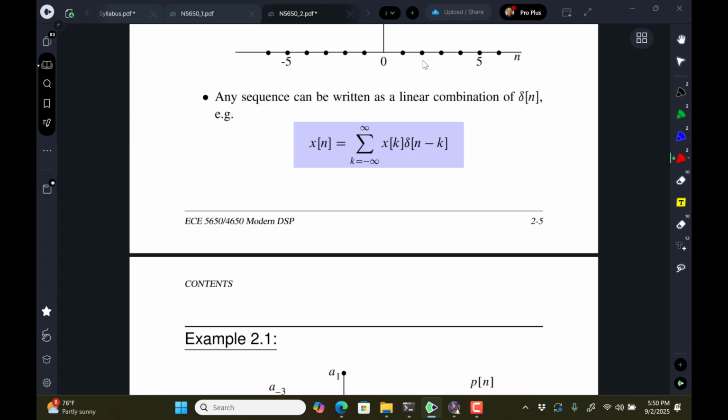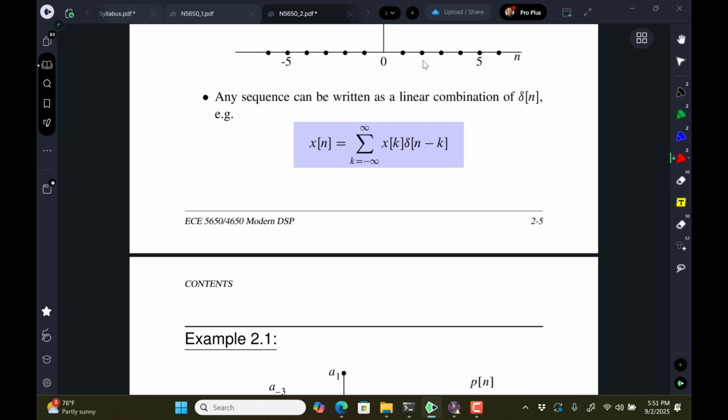So you can use a delta function to write any linear combination of functional values with this representation. You can just take x of k as if it were just a list of numbers. It's not associated with the independent axes n. It's just a list using index k.